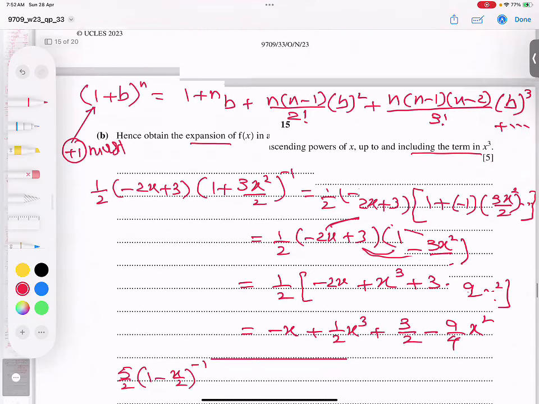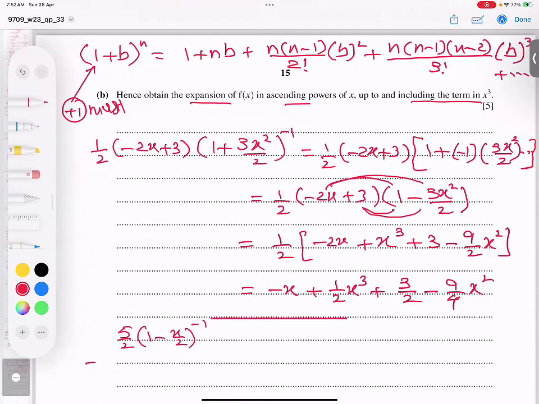And the formula I'm going to apply, what does the formula say, you can see clearly: 5 by 2 as it is, the formula is 1 plus nb, n into b. Now, what is the next? n into n minus 1 over 2 factorial into the square of the second function.